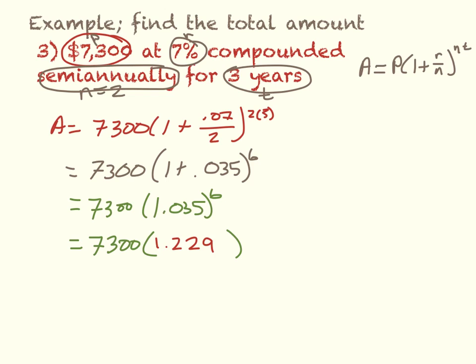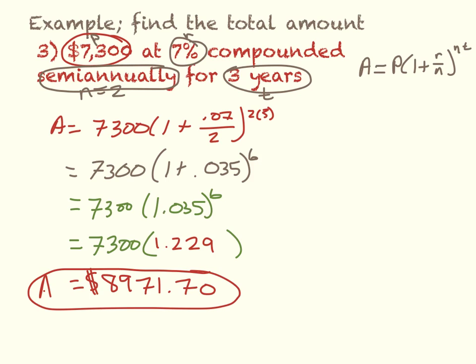That's close enough, but it keeps going, but just round it to about 3 positions. And then you multiply that times your 7,300. So we get 8,971.70, and that is a dollar amount, and that is the total amount that's going to be accumulated after 3 years. So that's your final answer.